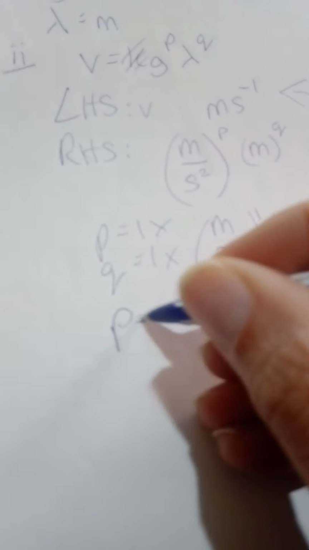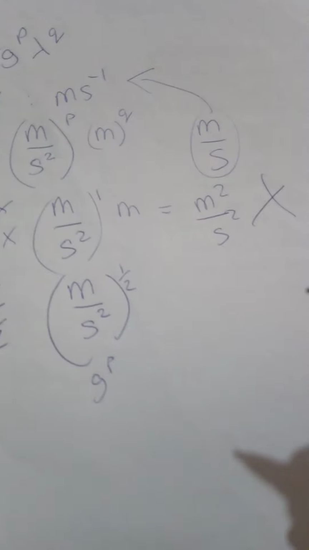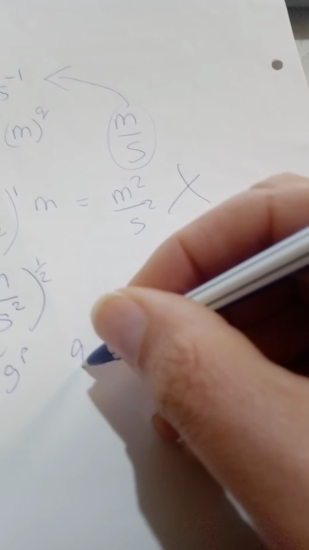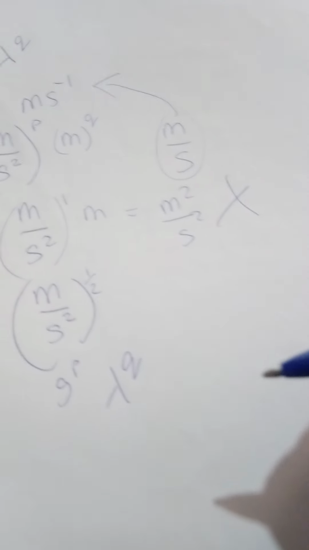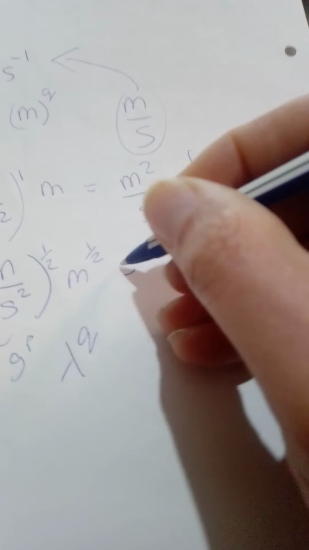So we'll try P equals half, Q equals 1/2, and that will be meters over second squared to the power of half, where I've got G to the power of P, and lambda to the power of Q will be m to the power of 1/2.